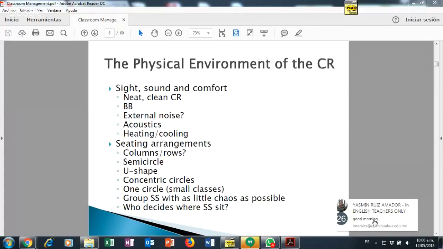Our students need to be conscious. And when our schools don't support us, that's when we start buying our own speakers, which is not fair, not only because we buy them, but because we have to carry them. We already carry a lot of things. And then we have to carry speakers too. It's too much. So our classrooms need sight, sound, and comfort.